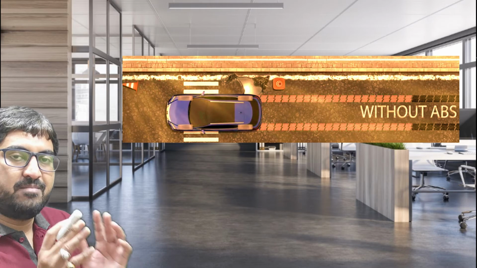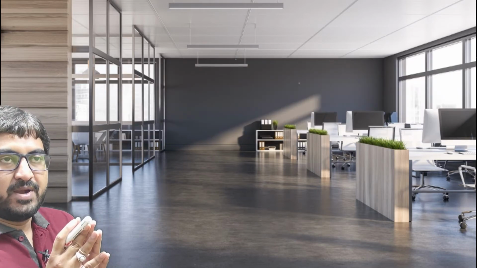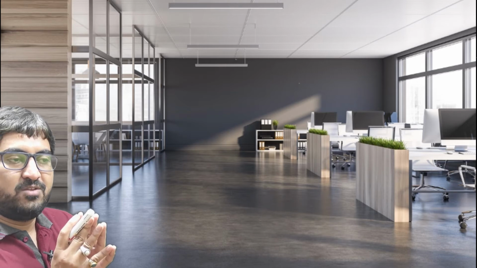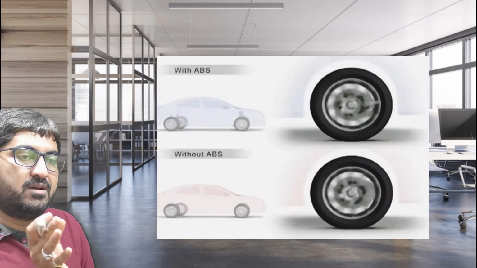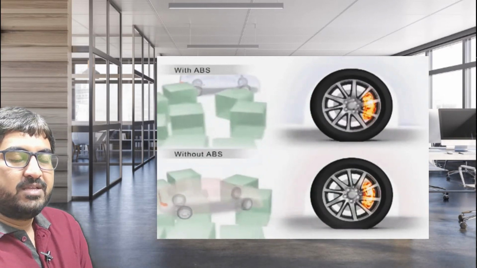You also lose control of the automobile, so the chances are that your vehicle will strike any object. Maybe you may fall down whenever you are riding a bike. So this is the disadvantage of the non-ABS car or bike.